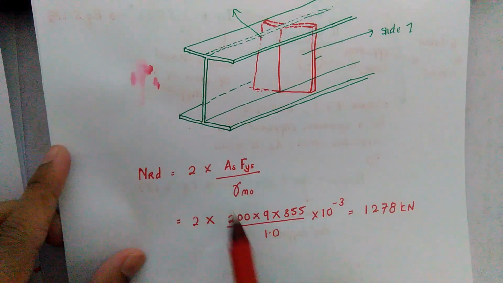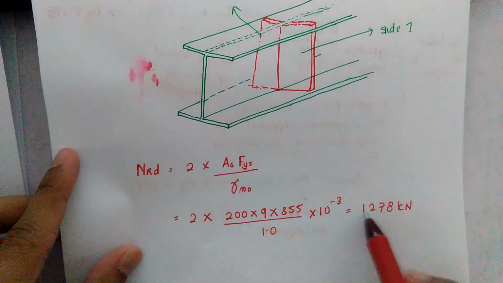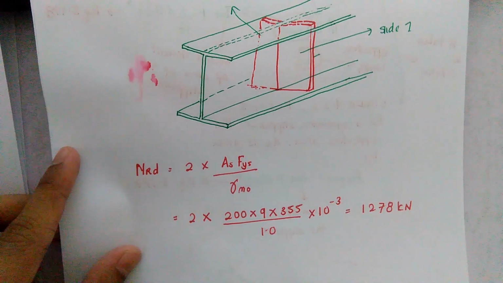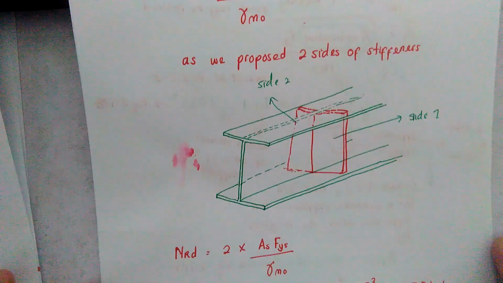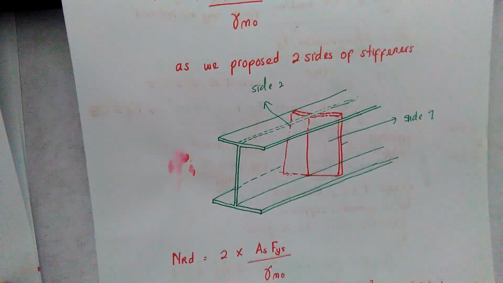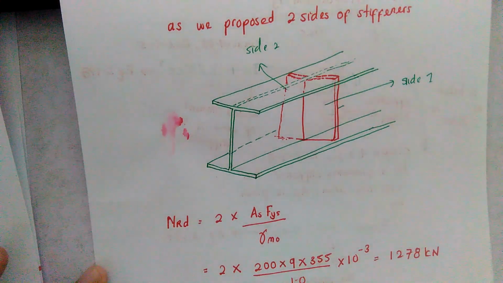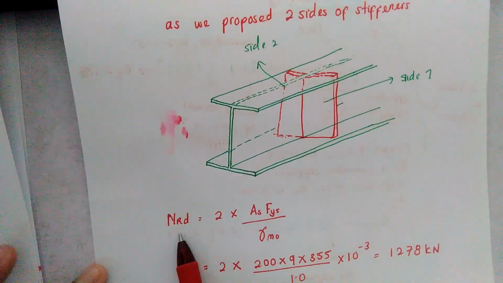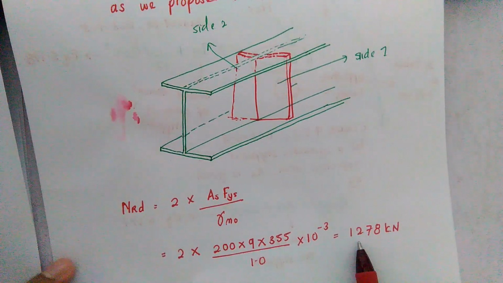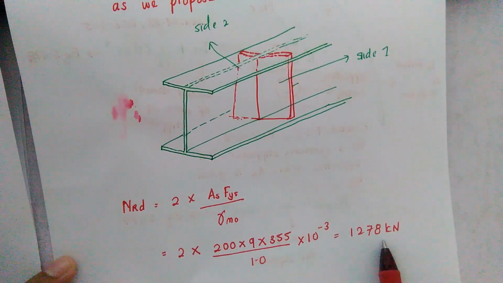Inserting the values, finally we have 1278 kilonewton. Okay, so now we know the resistance capacity of the stiffener is limited to 1278 kilonewton.